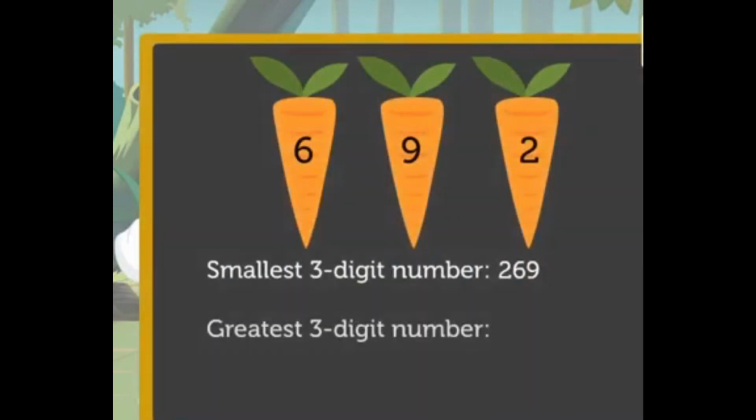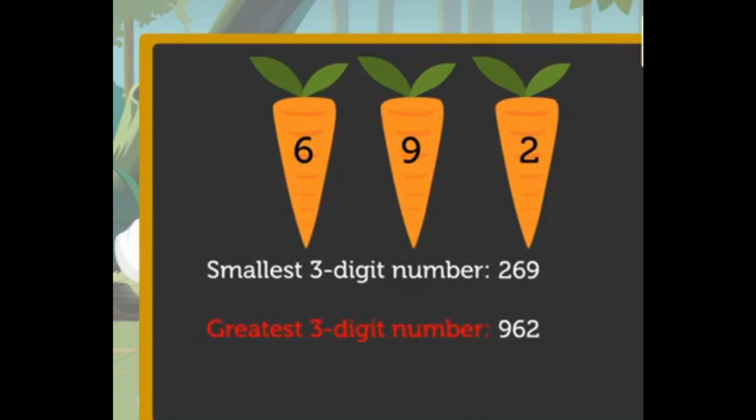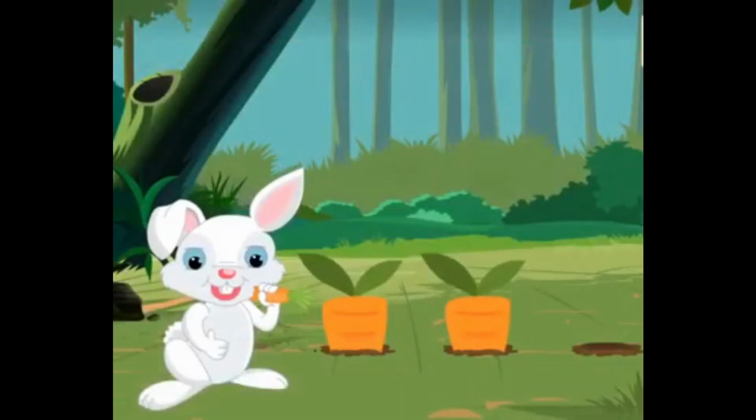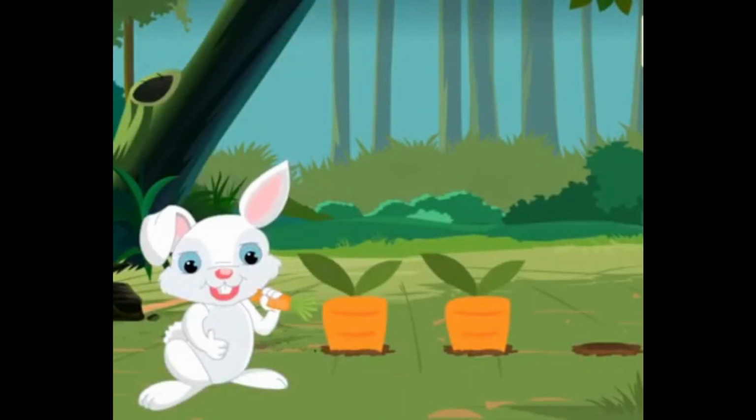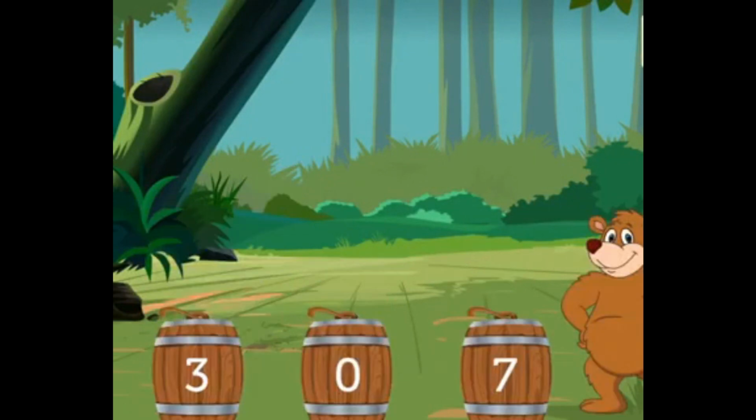Now arrange the number in decreasing order. 9 is greater than 6 than 2. Now the greatest three-digit number 962. So the greatest three-digit number from the given digit is 962. Yippee! Bunny is happy, enjoying eating them.